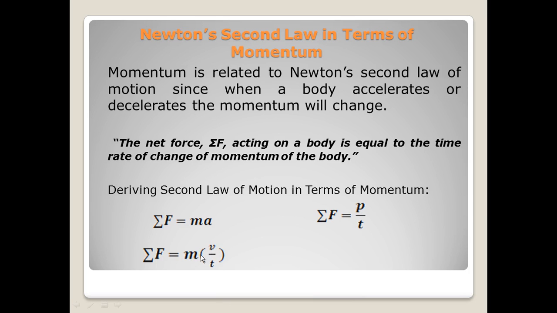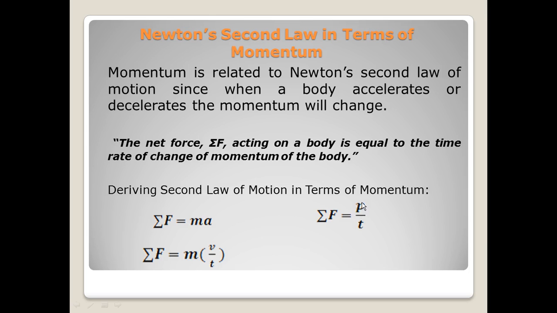Remember our definition for momentum. Momentum is the product of the mass of the object times the velocity. So essentially, the product m times v is the momentum of the object. So therefore, our net force could be re-expressed in the form of momentum divided by time. We know that anything that changes with respect to time is the rate of change of that quantity.